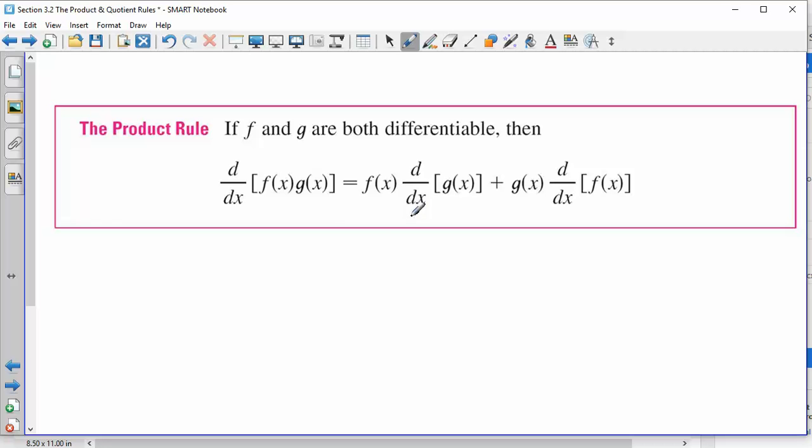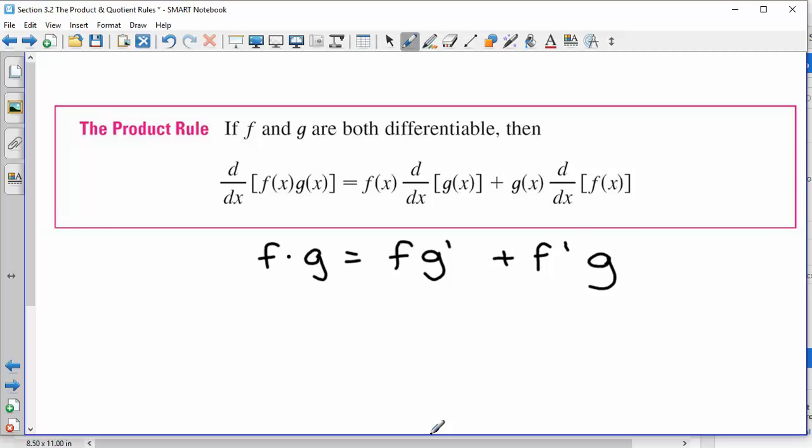Okay. What this says is if f and g are both differentiable, that means they both have a derivative. The product rule says you can do f times the derivative of g plus g times the derivative of f. Or in other words, if you have f times g, that becomes f times g prime plus f prime times g.